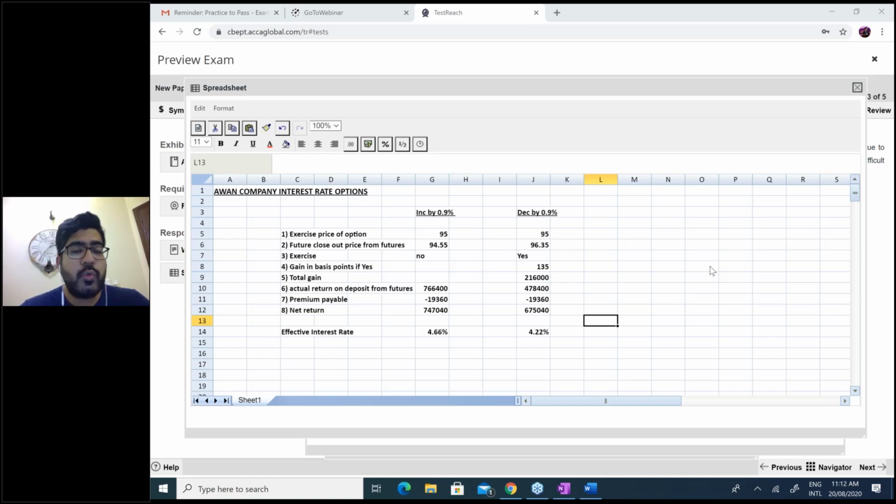So obviously you will find the effective rates of all techniques, the FRAs, the futures and options. Once you have the effective rate percentages, if the question is of borrowing, we will select the technique offering the lowest effective rate, because in borrowing we want the rates to be low. But if the question is of deposit, we will again solve all, find the effective rates of all techniques, and in deposit we will select the technique offering the highest effective rate.